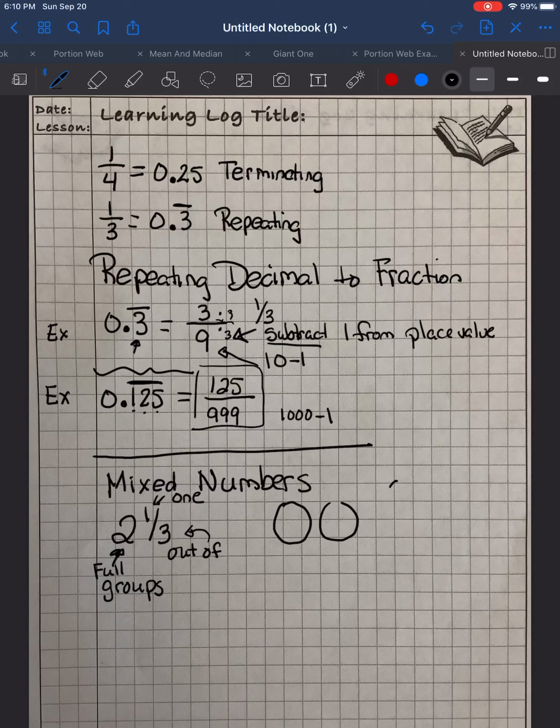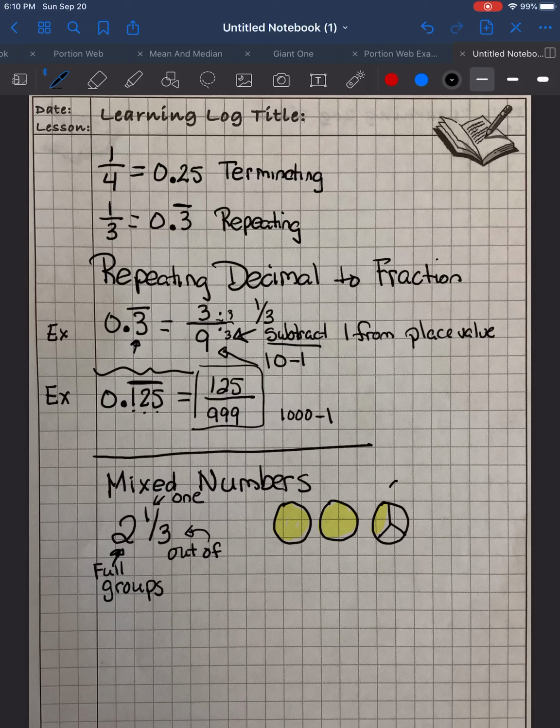We have 2 full circles, shaded all the way in. 1 circle, 2 circles, and then we have another circle that would have been divided into 3 equal parts. But right now, we're only having 1 of them. So 2 and 1 out of 3, 2 1/3, that is a mixed number, right?